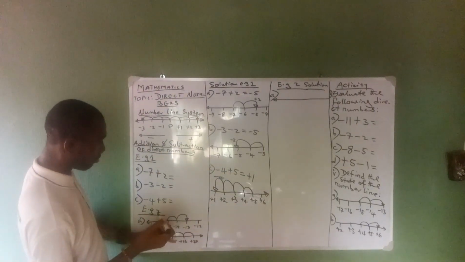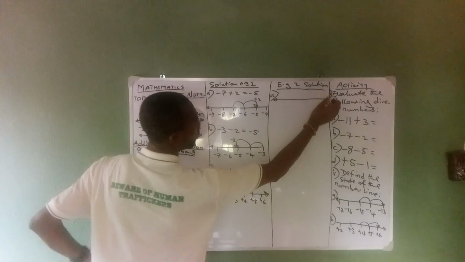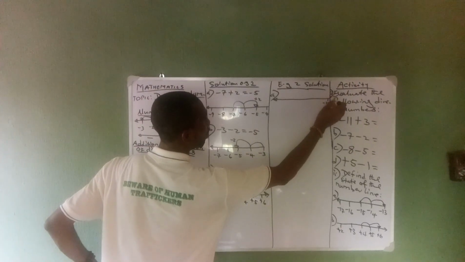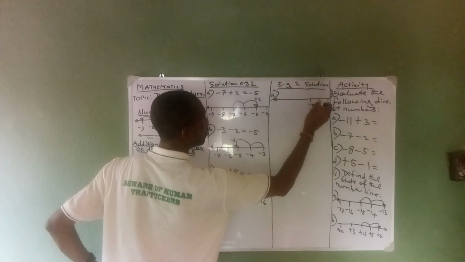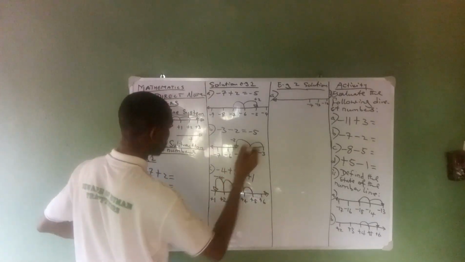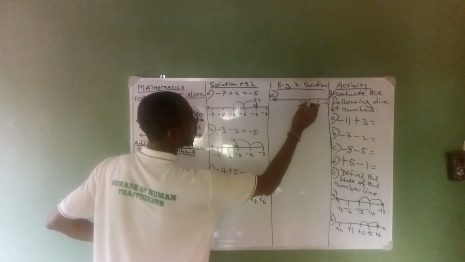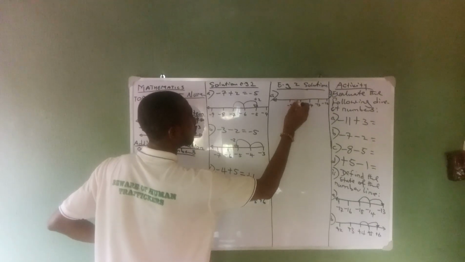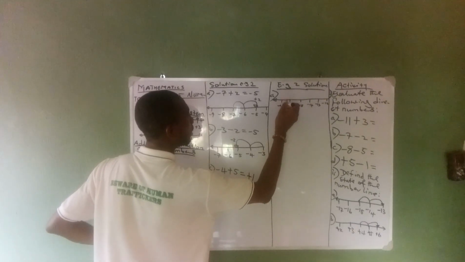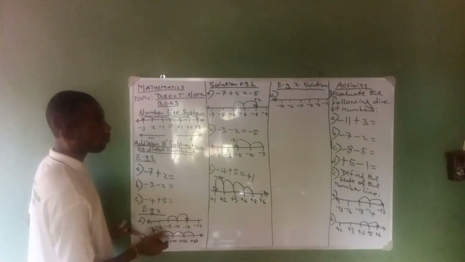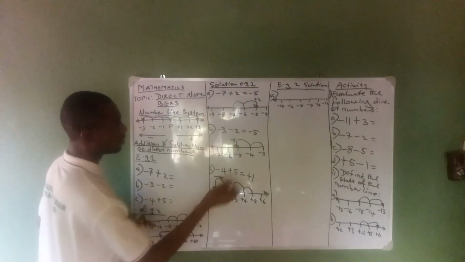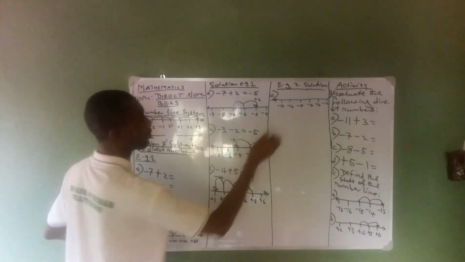It ranges from minus 12. Let us say here is minus 12, minus 13, minus 14, minus 15, minus 16, minus 17. So it ranges from minus 12 to minus 17, and the movement is from minus 15.